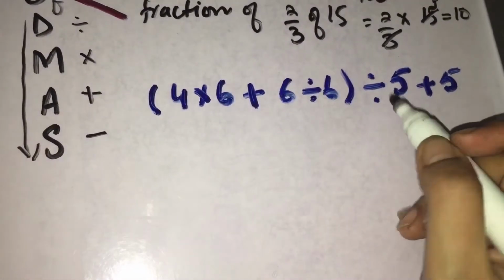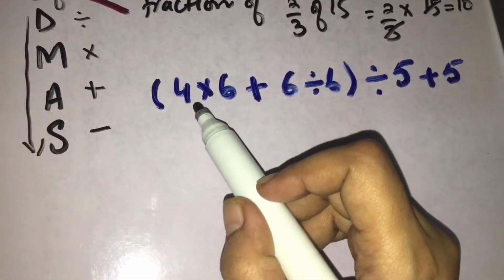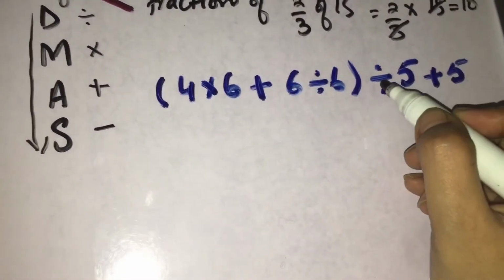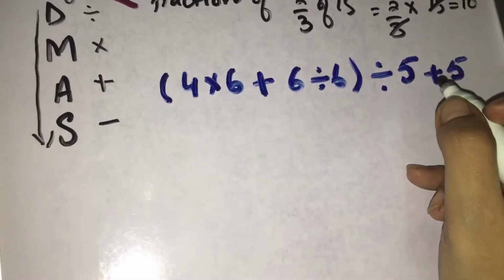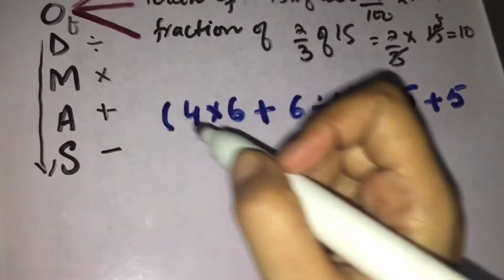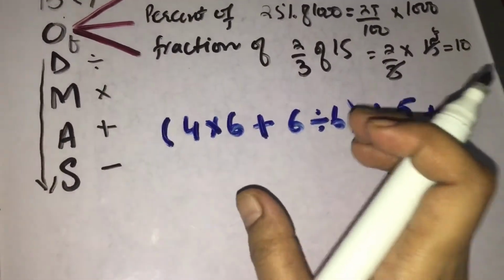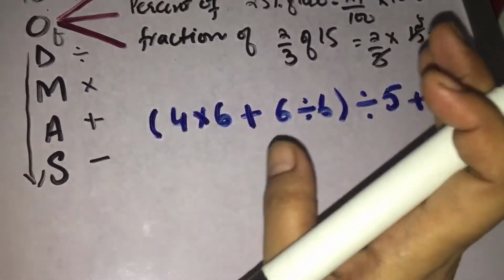Now here is the example. First of all, I am having a bracket. In the bracket, it is 4 multiplied by 6 plus 6 divided by 6. Then out of the bracket, divided by 5 plus 5. So according to the rule, first of all, I have to solve the bracket. And remember, inside the bracket, the same BODMAS rule will be followed.